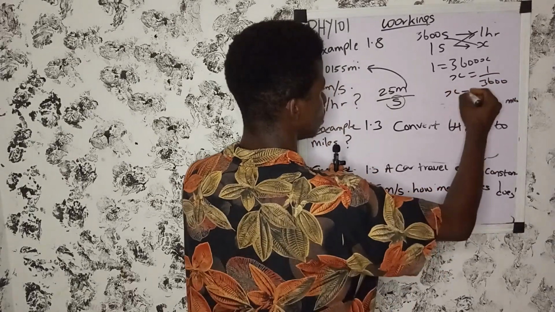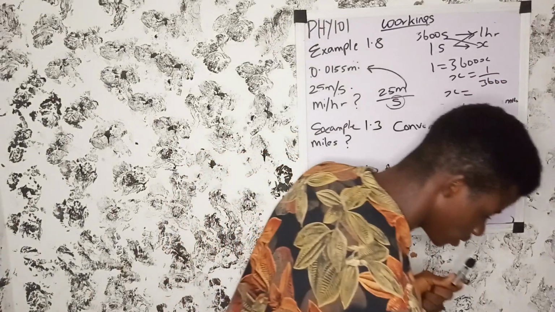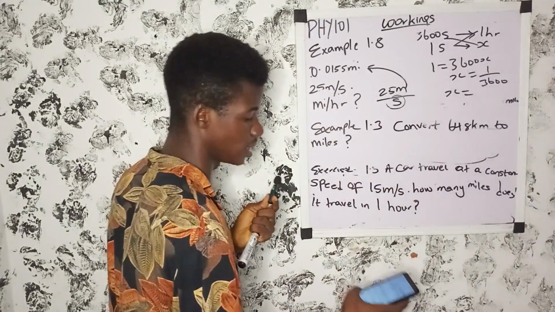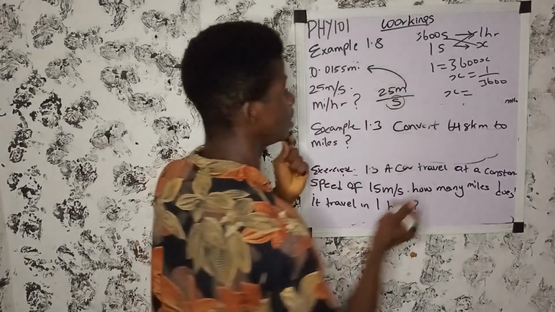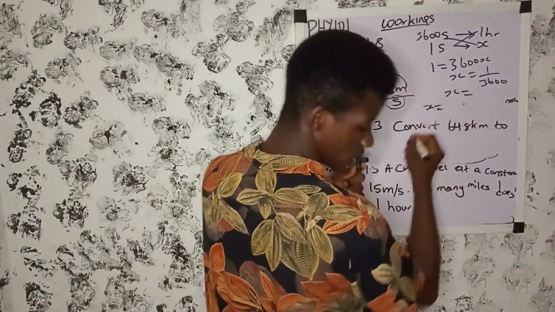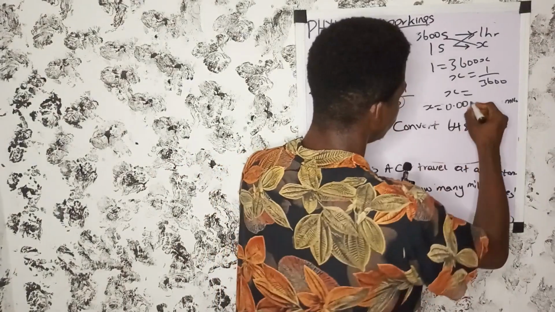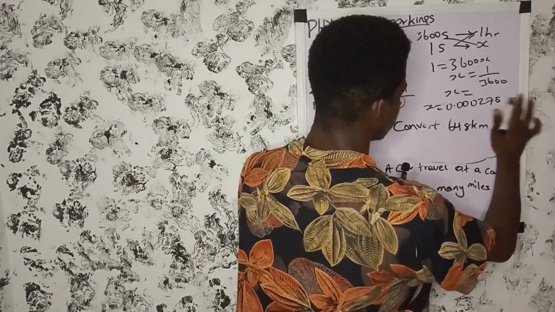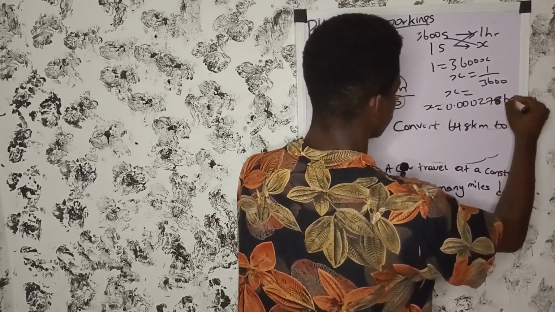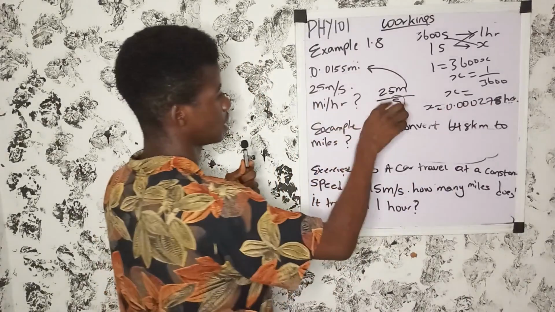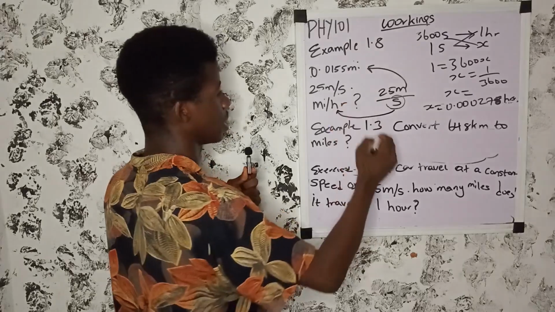We have 1 going into 3,600. So our answer is 0.000278 hours.